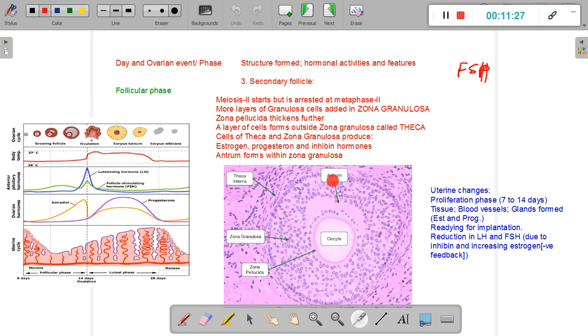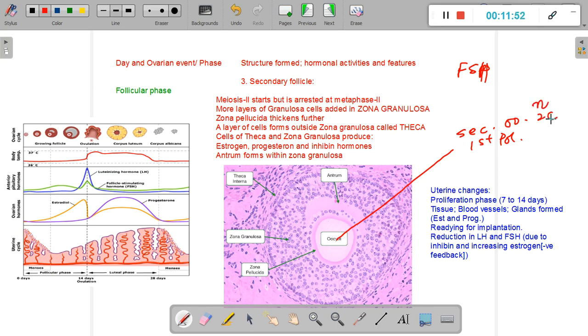So the next change, the next stage in the follicular phase, is here. Now we are somewhere beyond the 7th or 8th day. Now meiosis 2 starts. If you remember the oocyte here, what oocyte do we have? We have the secondary oocyte, and we also have the first polar body. What is the ploidy of the secondary oocyte? If you remember, it is haploid. And what is the amount of DNA?